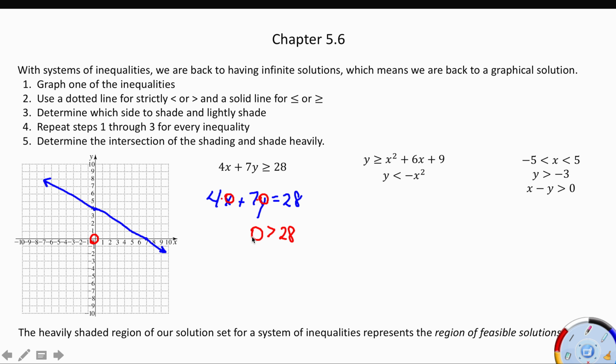Since that's not true, 0 is not greater than 28, don't shade the side with that point in it. That means I'm going to shade the other side. Had this been a true statement, I would want to include this point and shade the side that included the point.